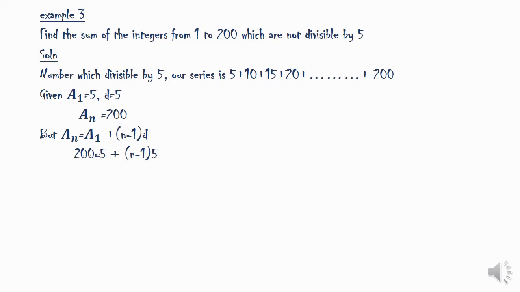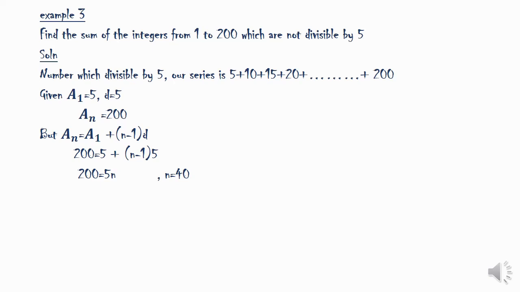First term we have is 5, plus bracket n minus 1 (we don't have n), times the common difference, that is 5. When you open the bracket, ukifungua mabano, it means 200 is equal to 5n. Why? Because when you open the bracket it will be 5n minus 5 plus 5, so 5 and 5 will cancel, it means 5n.